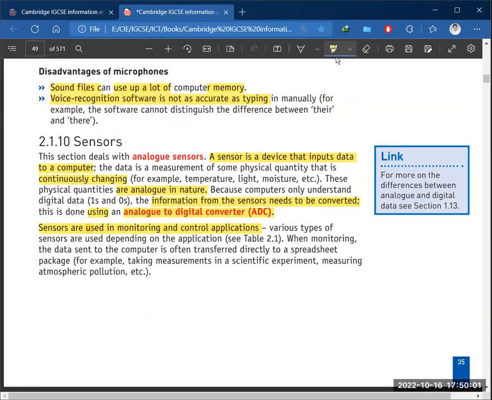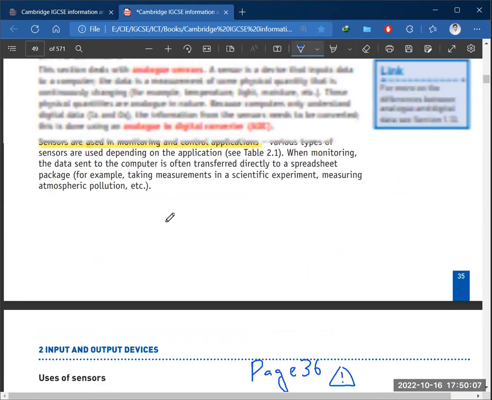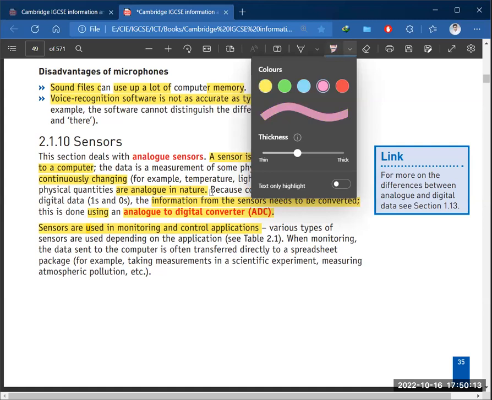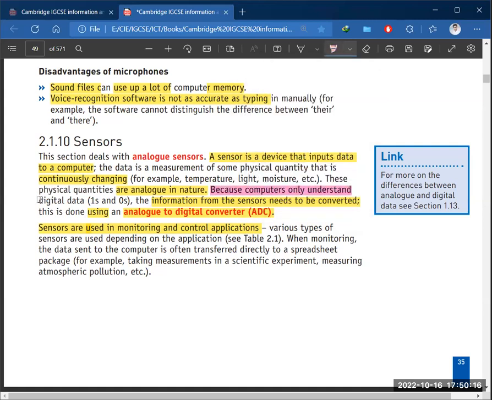Read this part, Zara. Highlighted. No, this one. Let's read this part, which I'm going to do in pink. Pink is more important than yellow, by the way. Read the pink part. Because computers only understand digital data, ones or zeros.